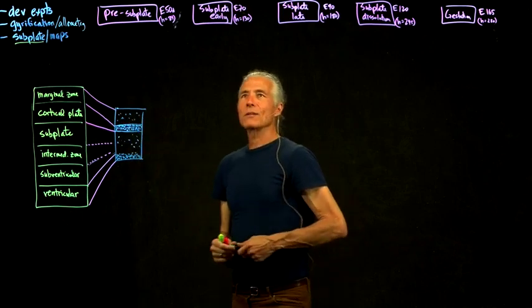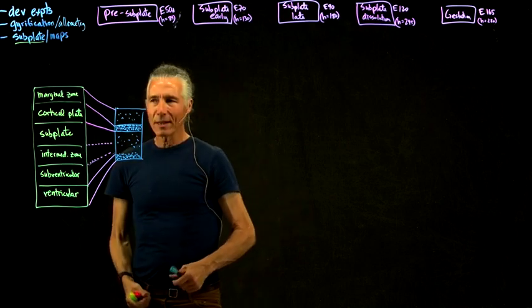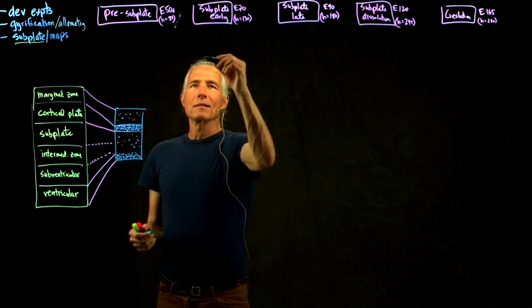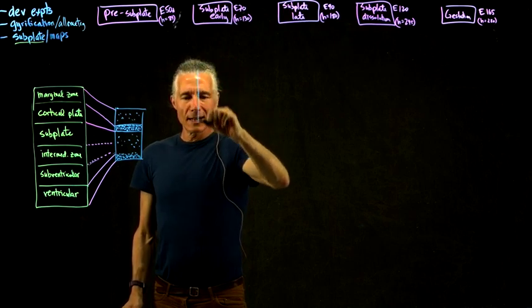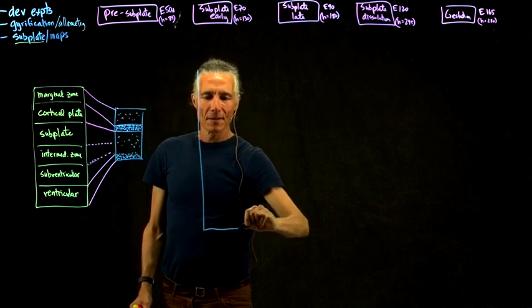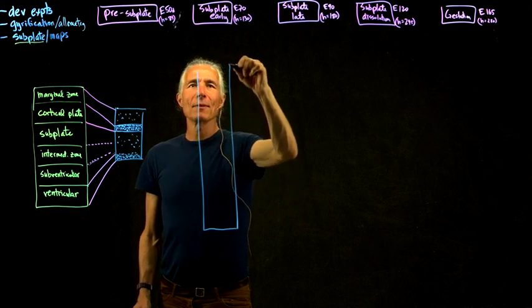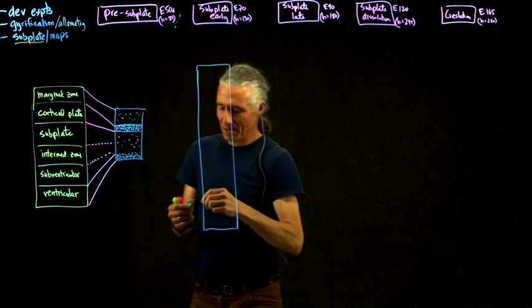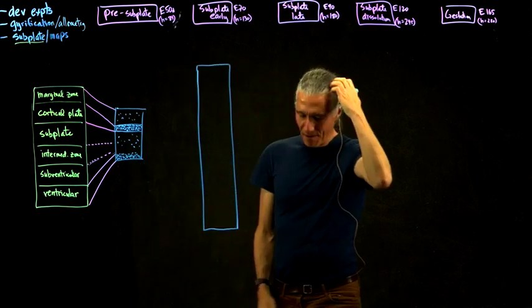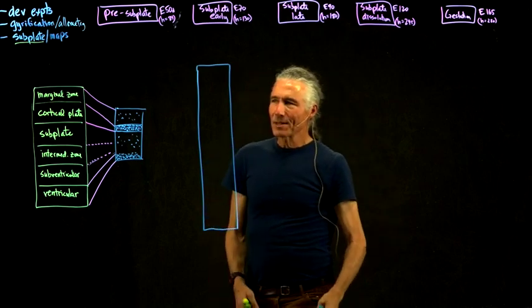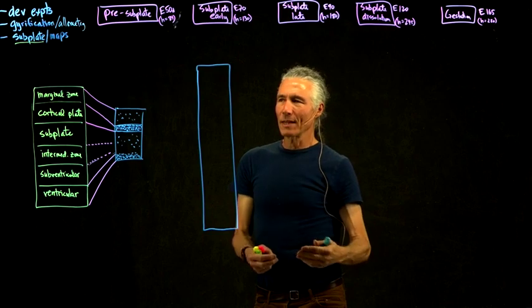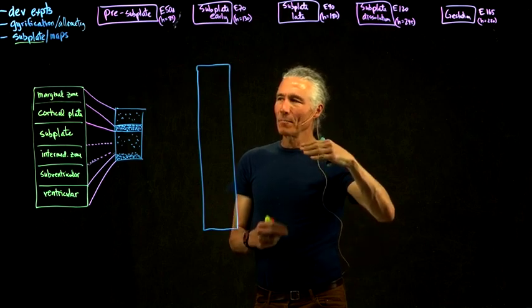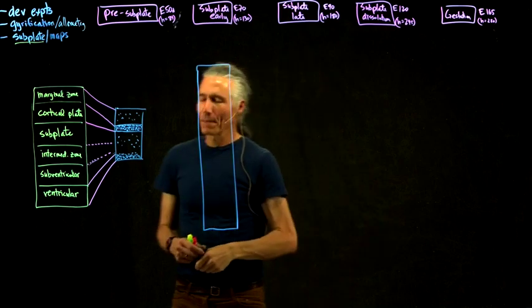But it turns out when you look a little bit later in development, you've got this absolutely gigantic column of cells. When I first heard about the subplate, I thought, yeah, it's some little cells down there. It's not some little cells down there. In a human, it's like 6 times thicker than the cortex. It's this giant plate of cells, the subplate.